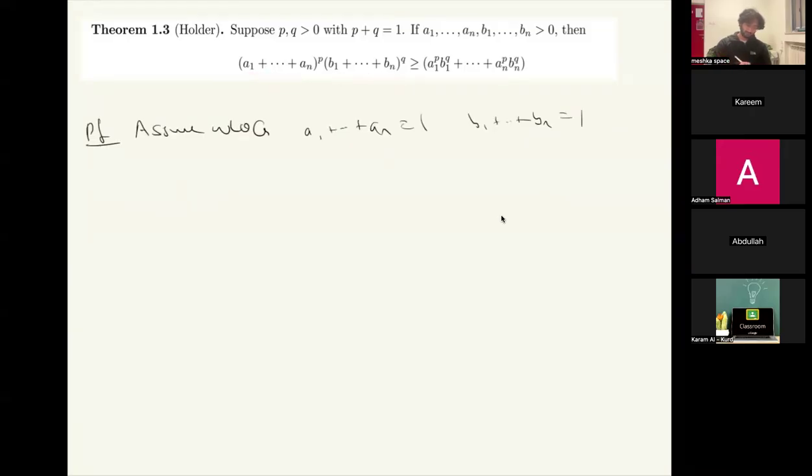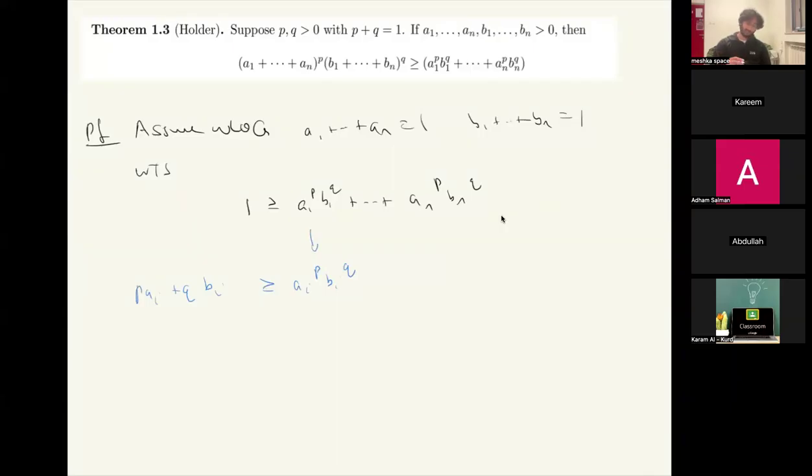So we just want to show that 1 is greater than or equal to A1 to the P, B1 to the Q plus ... AN to the P, BN to the Q. This is what we want to show. But it's true because we just use weighted AMGM. AI to the P, BI to the Q for each one is less than P AI plus Q BI. This is just weighted AMGM with weights P and Q.